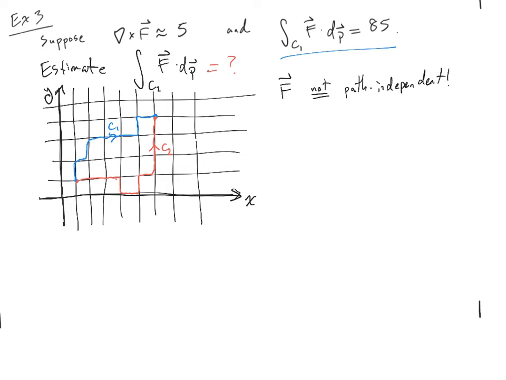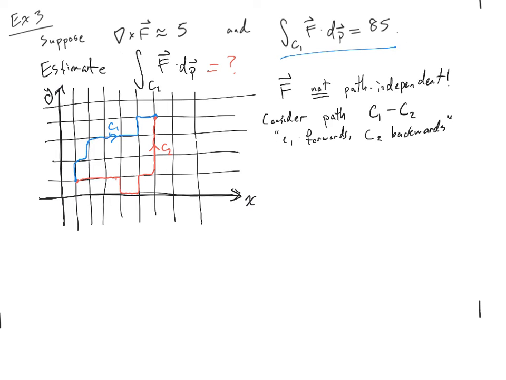So what we do is consider the path, do C1, and then do C2 backwards. And so I'm going to write that as C1 minus C2. So that's C1 forwards, C2 backwards.